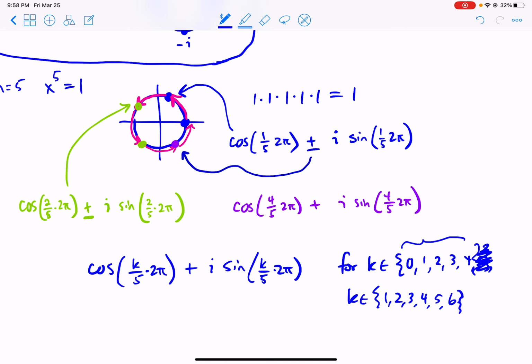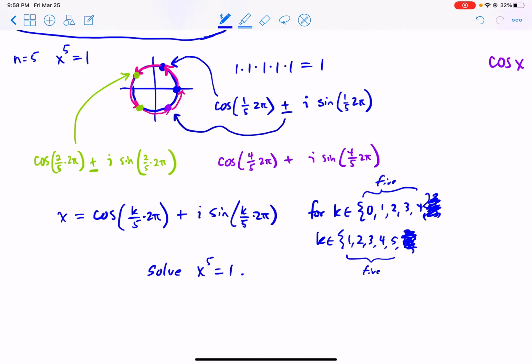So these are five numbers. And if we wanted to start at 1, then we do need 5, but we don't need 6. So this is now 5 numbers. Good, and so these are the solutions. Solve x to the 5th equals 1. Okay, x equals these. Good.